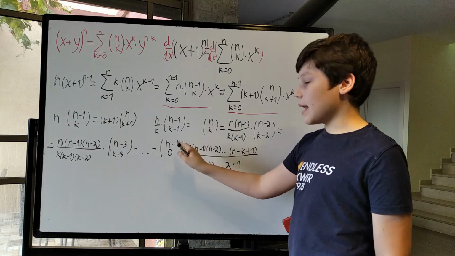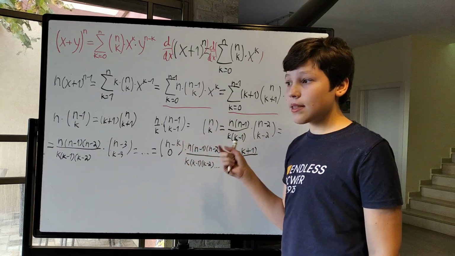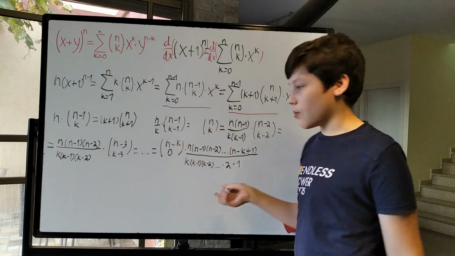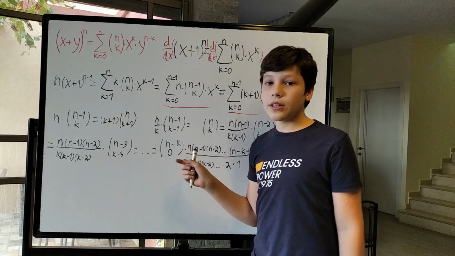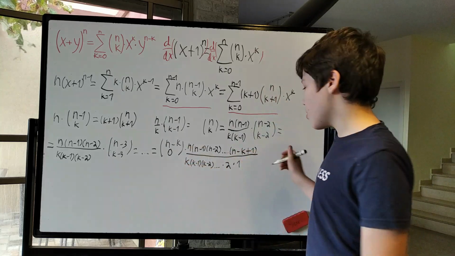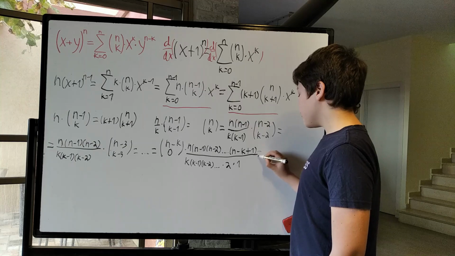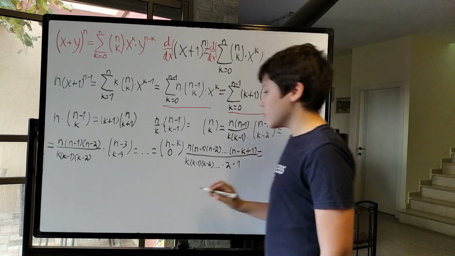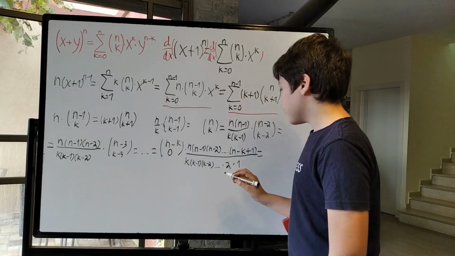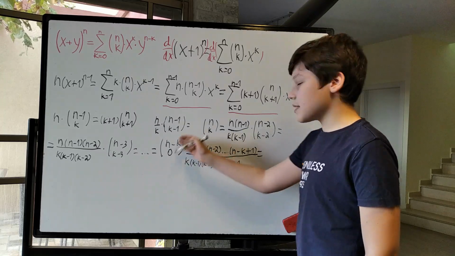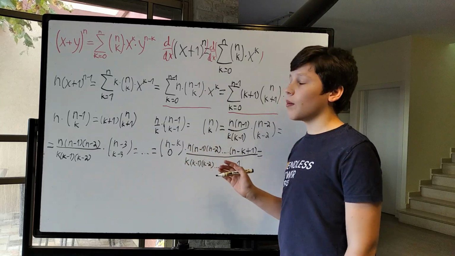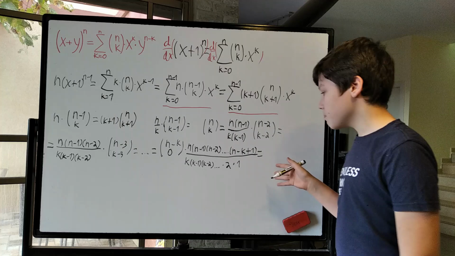But now, n minus k choose 0. We know that anything choose 0 is 1. So we get that this disappears.